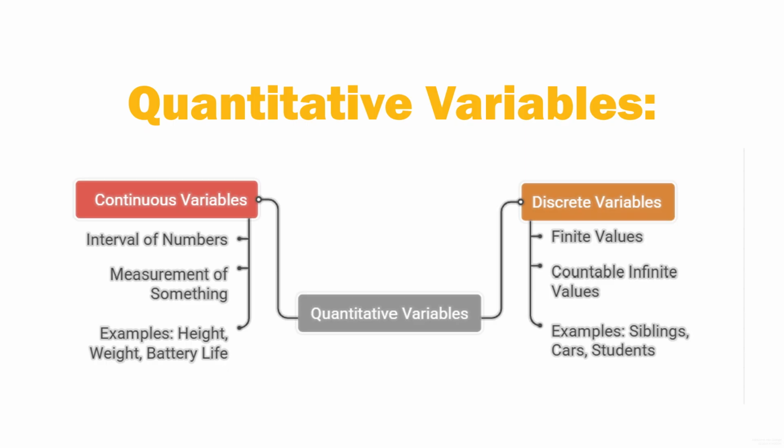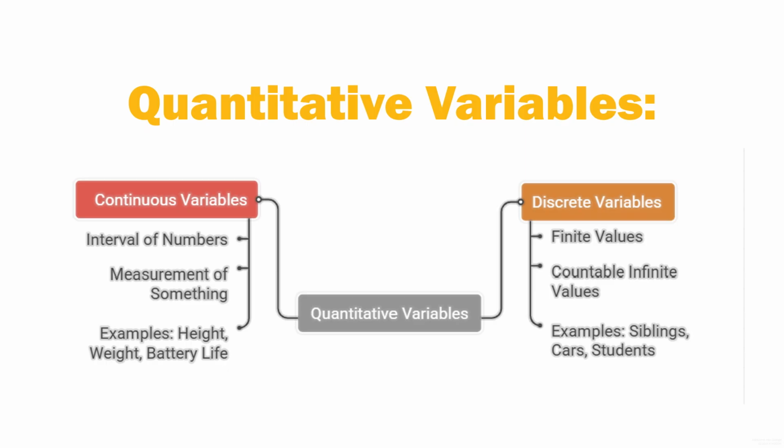Now, this is a quantitative variable, but the possible values can be listed. So they can be either finite values or countable infinite values. And some examples of this would be the number of siblings you have, for example, the type of car or maybe the color of car, and just information about the students themselves, how many there are, for example, and maybe we would classify that further into something like gender.